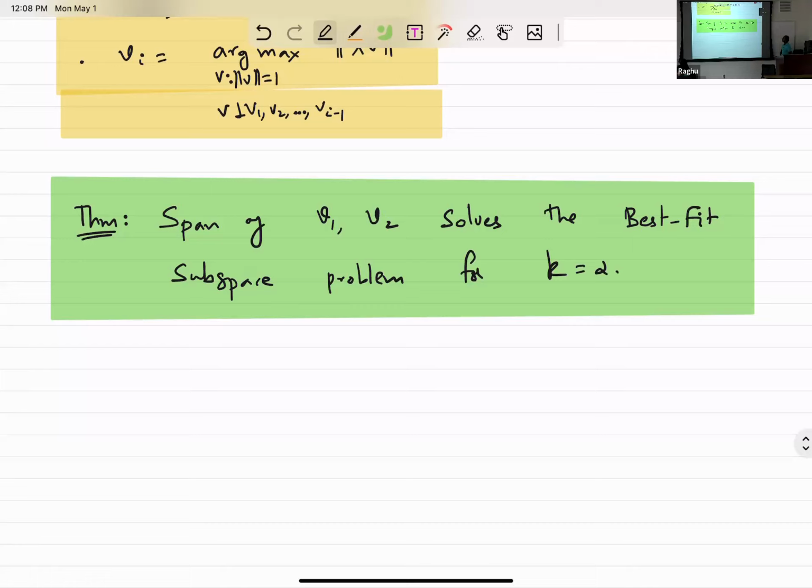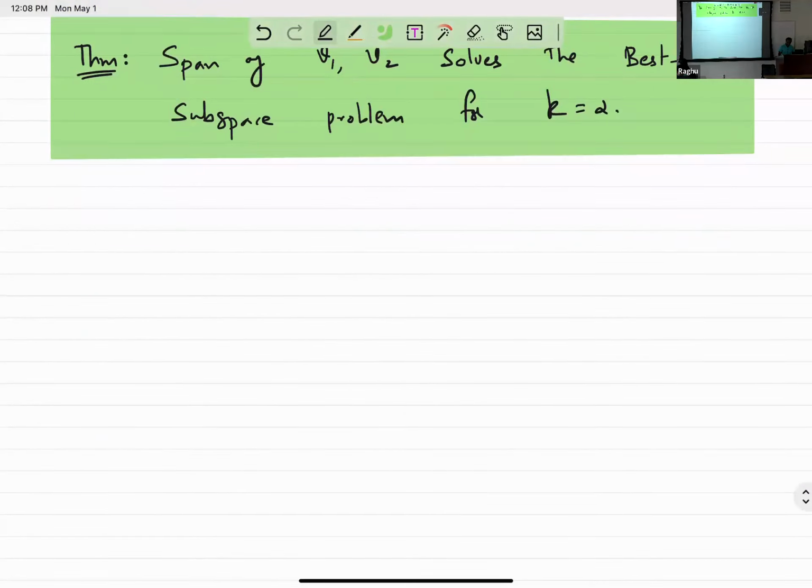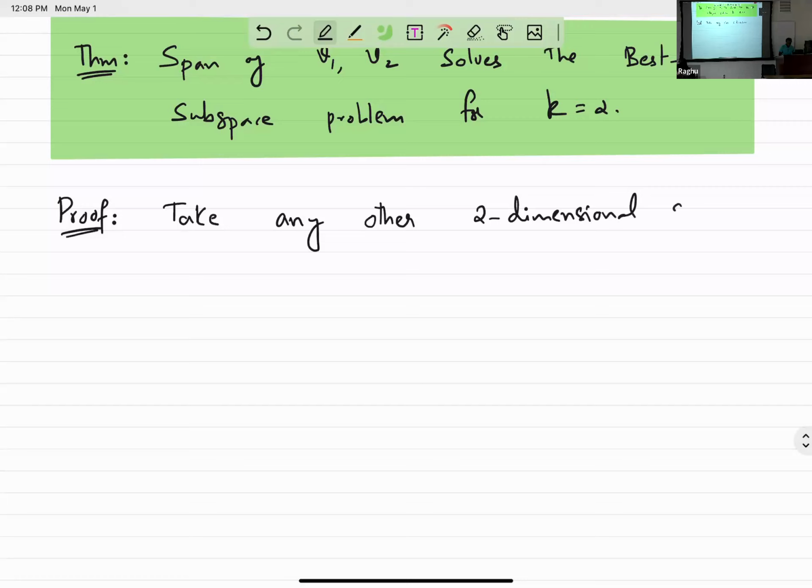Okay. So this was the last thing that we talked about. And the main idea of the proof was take any other two-dimensional subspace T, which someone says, okay, the span of V1, V2 is not the best. T does better, right?